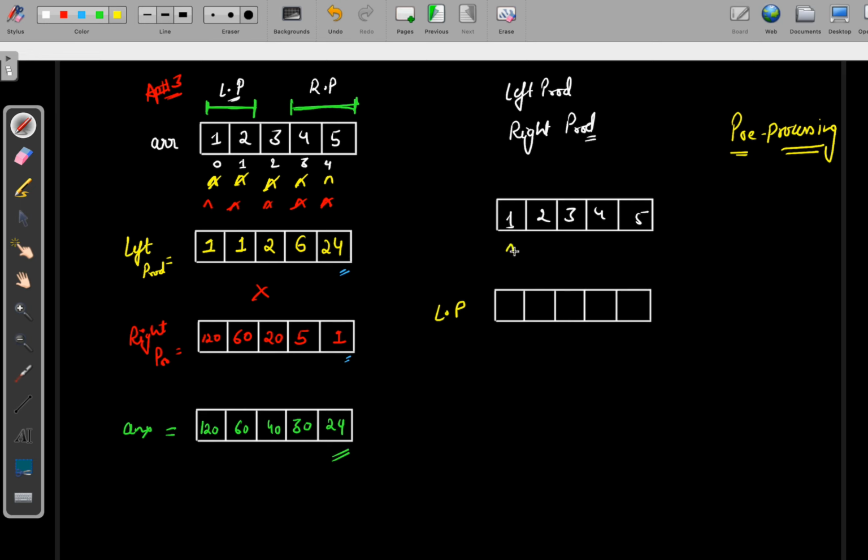I am taking this element. From 1, there is nothing on the left side, so I can simply write 1. And now I am simply multiplying my left product element, that is 1, into the previous element. So 1 into 1, that will be 1. 1 into 2, 2. 2 into 3, 6. 6 into 4, 24. This is how I am writing my left.